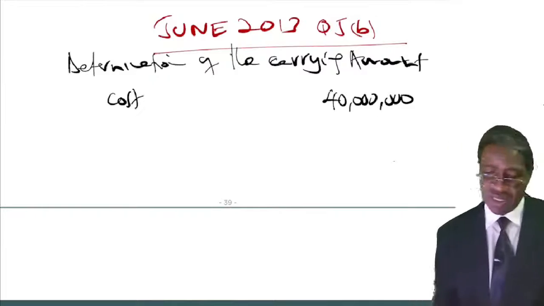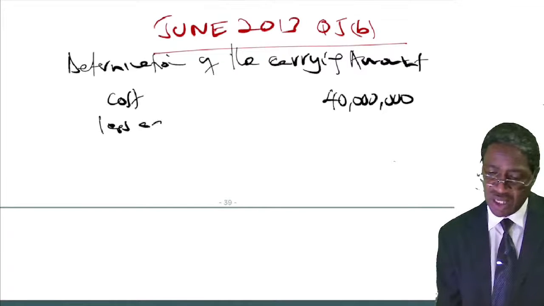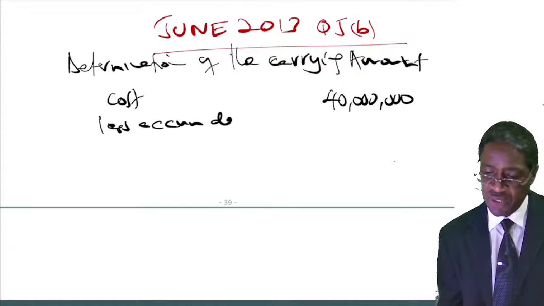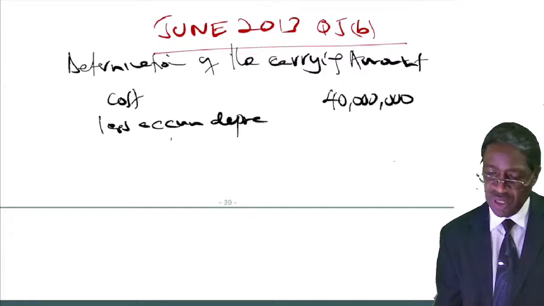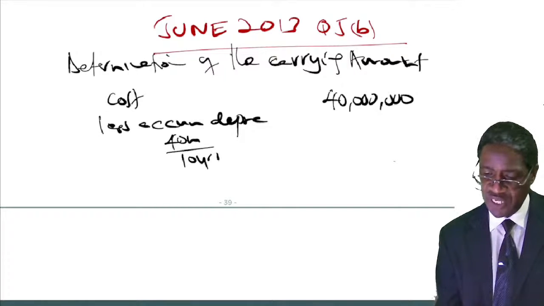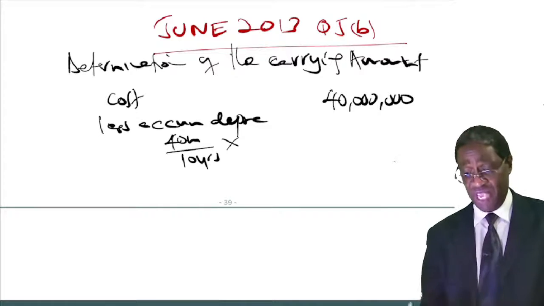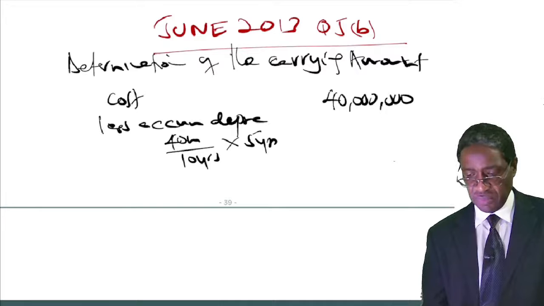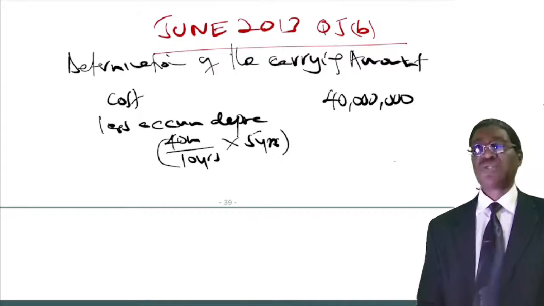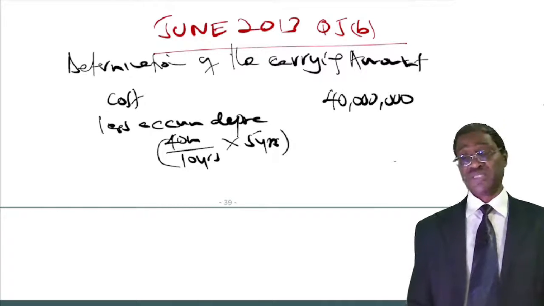We less accumulated depreciation. Take that 40 million, divide by the useful life of 10 years. We are told it suffered an impairment after 5 years. What becomes the accumulated?